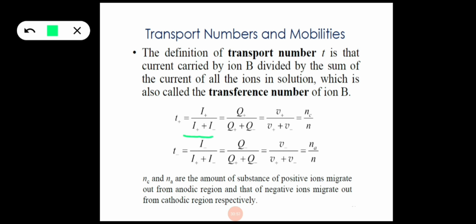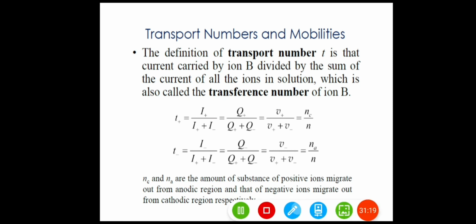So out of the total current, the fraction of current carried by the cation is called the transport number of the cation, and the fraction of current carried by the anion is called the transport number of the anion.